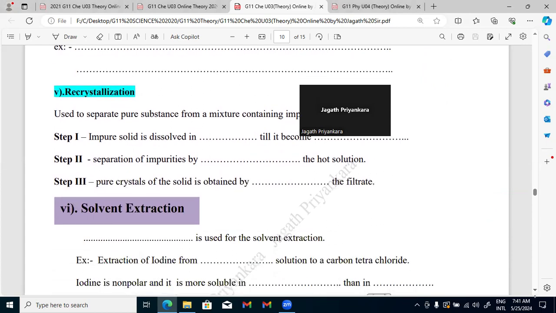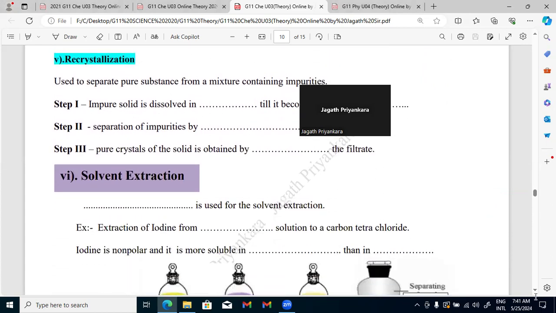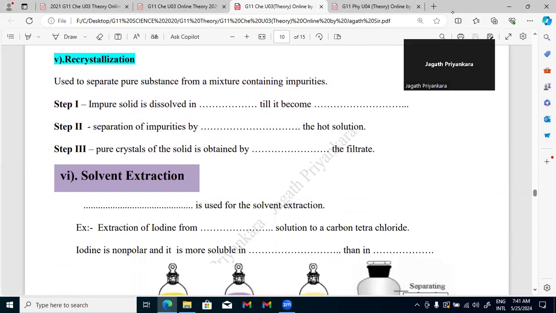Recrystallization. Look at it. So recrystallization, what is the first step? Look at the screen, students. We dissolve the impure solid. It is used to separate a pure substance from a solid mixture with impurities.